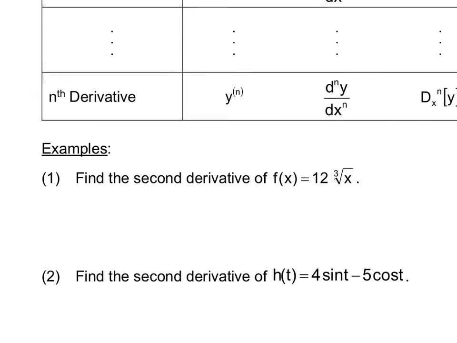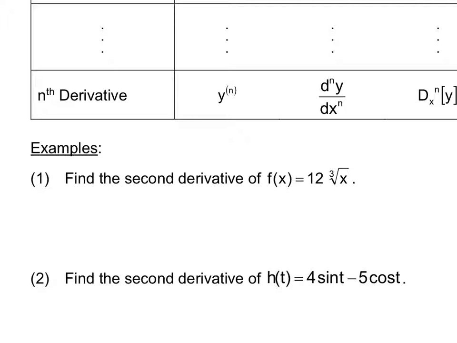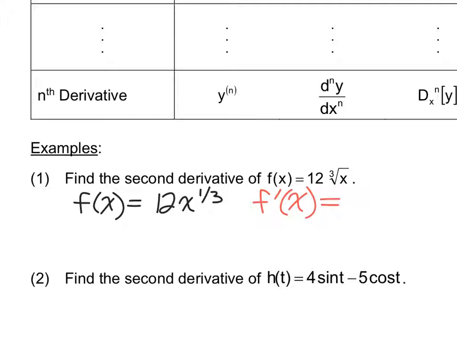So in the first example, you see 12 times the cube root of x. The first thing I would do is rewrite that as 12x to the 1/3, and then take the derivative of that. What is the derivative of 12x to the 1/3? 4x to the negative 2/3. Yep, subtracting 1 from the given exponent.